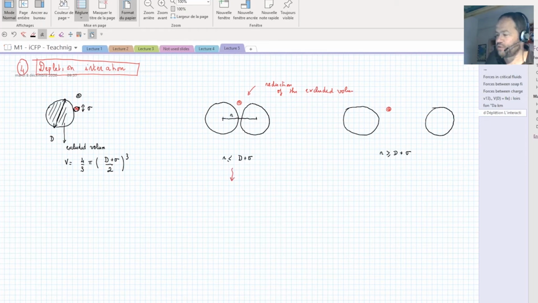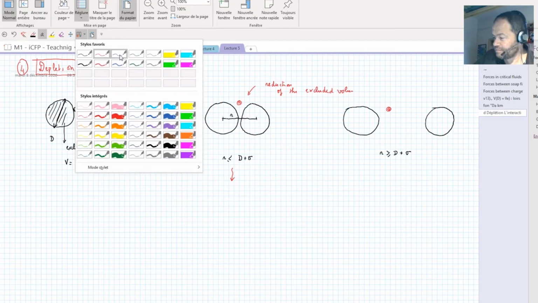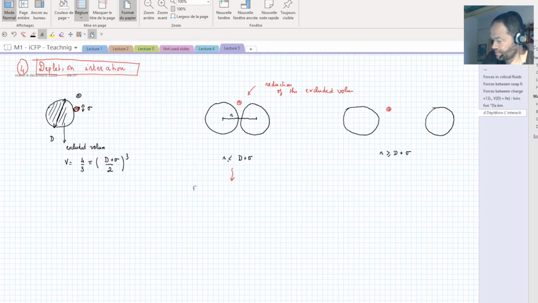So this will create a force between the two particles.